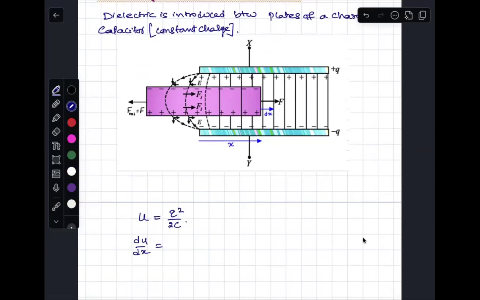You can write this as Q square by 2 times d by dx of 1 by C. C is a function of x. Yes or no? At every instant, as you change x, the capacitance of the capacitor changes. So therefore, this is dC by dx. Please answer my question carefully. Have you understood this clearly or not? I did not touch the charge at all. Why?